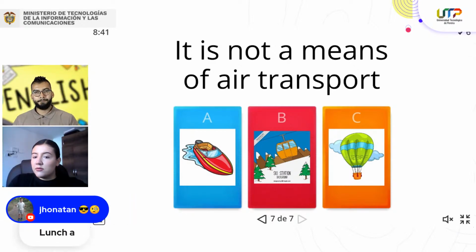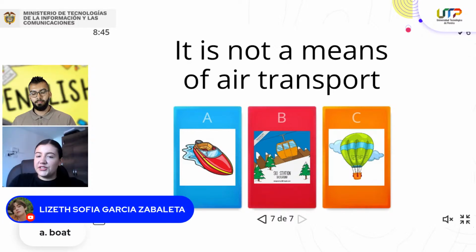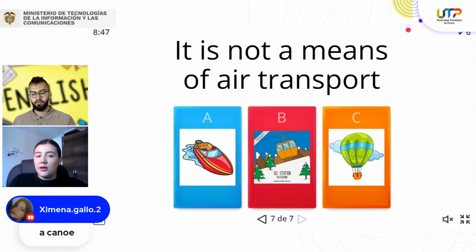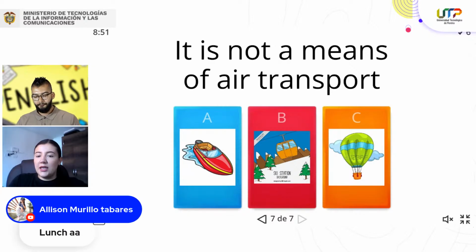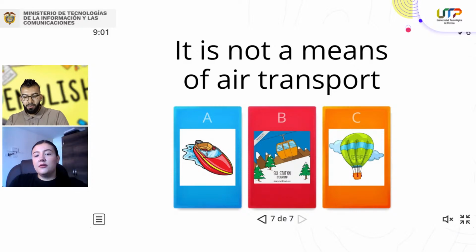And the first one is Allison, she says A, but she didn't mention the name of the transport. And Jonathan says A, but he says lunch. I think he's a little bit confused with this one. But Javier says A, boat. It can be a boat or it can be a yacht, right?